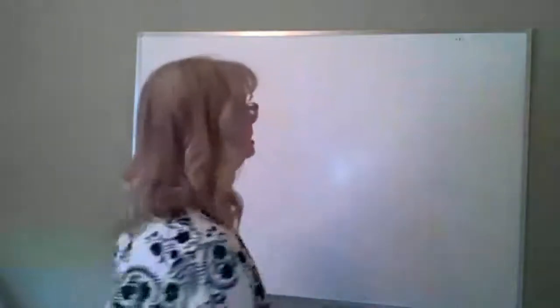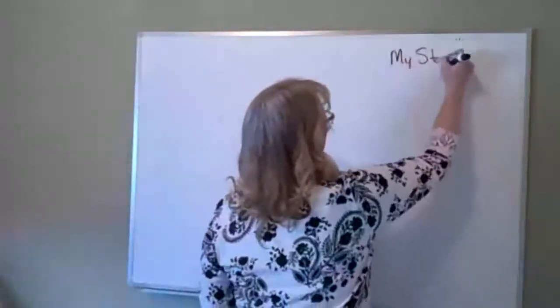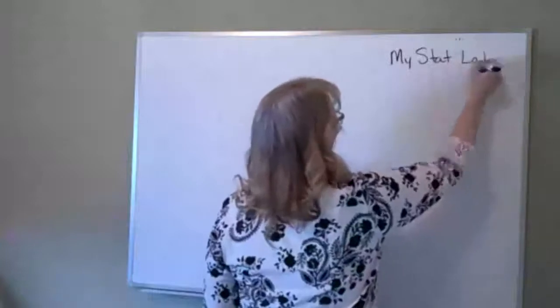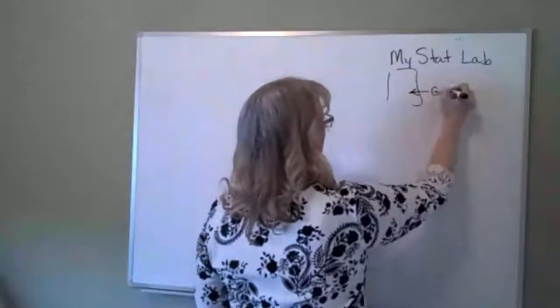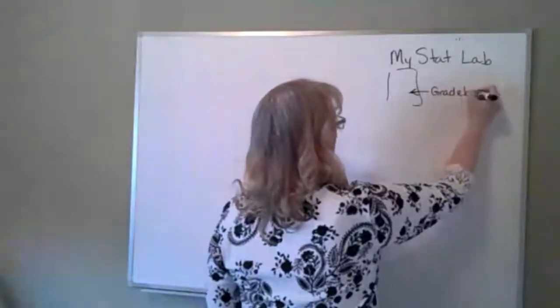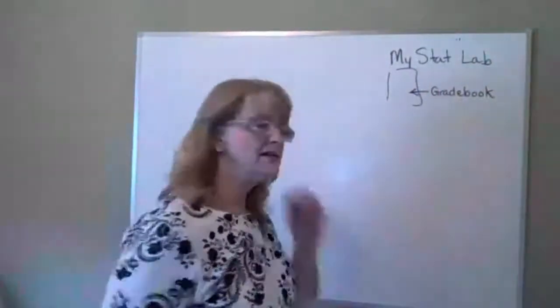You can also review it anytime you want to look at your grade for a test: go to my stat lab, and in the menu you'll see something that says gradebook. And then you can find the test.